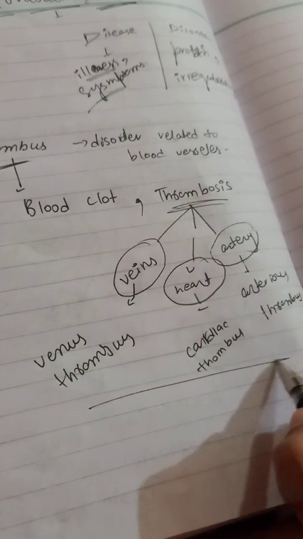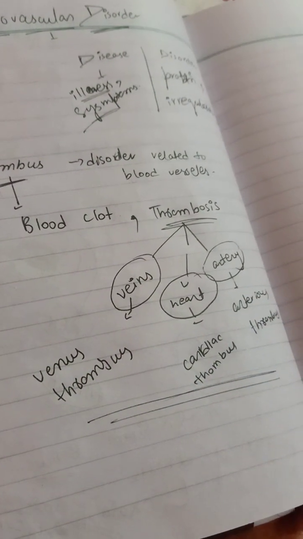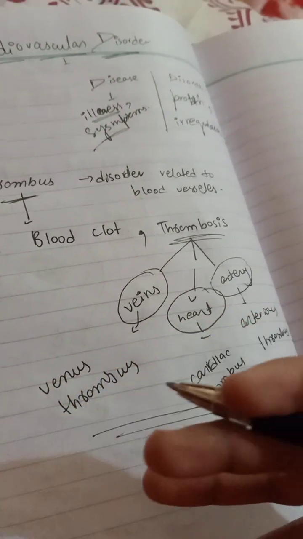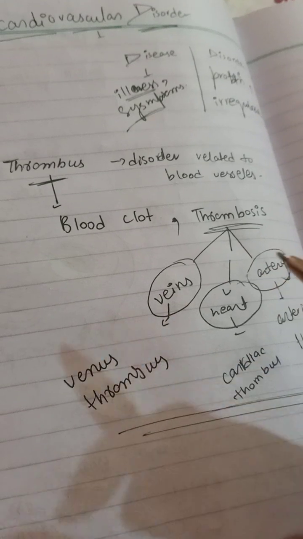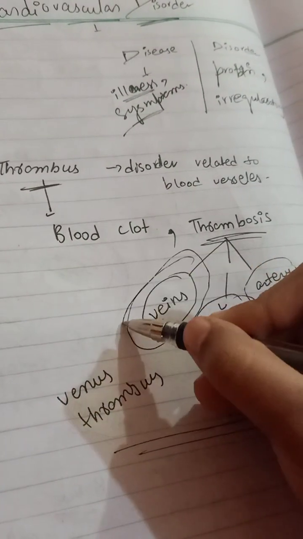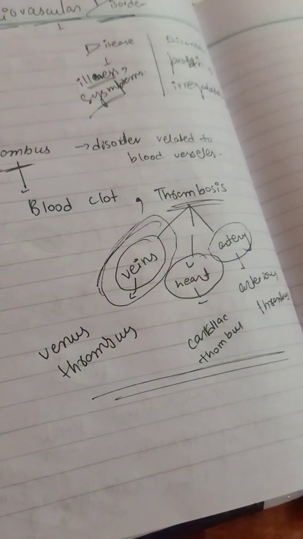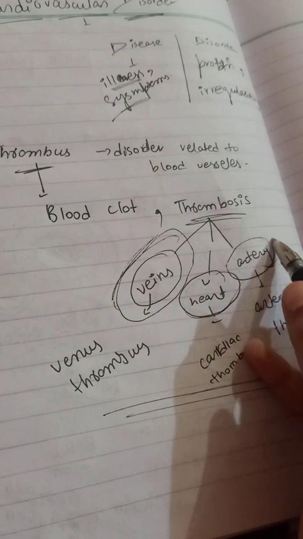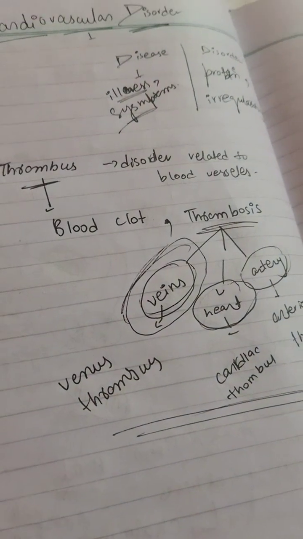But in major cases, the thrombus is of the veins. There are also patients who have a thrombus of the heart and artery, but mostly we have thrombus of the veins.